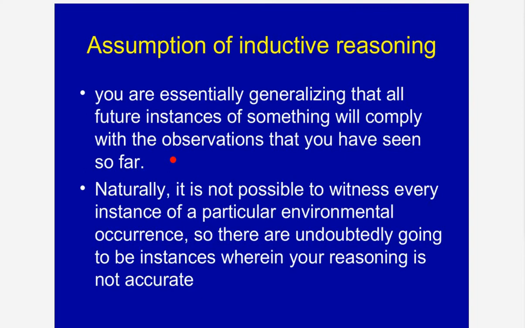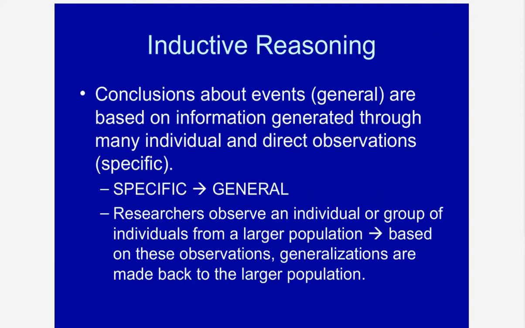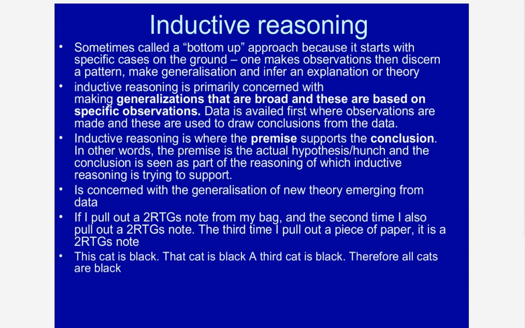Because you cannot say, I know it all, I've seen it all, but you are saying, based on what I've seen, this is what happens. So inductive reasoning is the opposite of deductive reasoning in that it moves from specific to general. Deductive moves from general to specific. Be able to distinguish between these two.